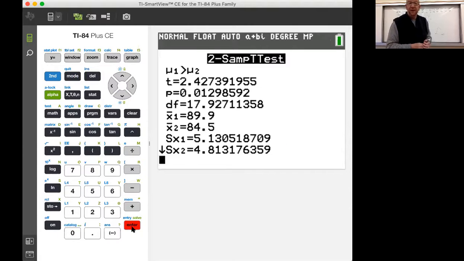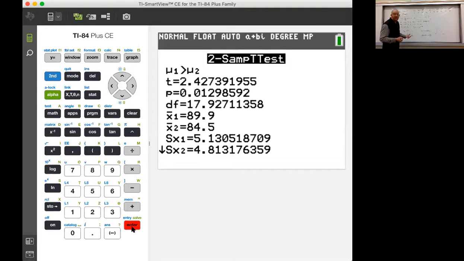Well, there's a lot of information on that screen. Let's see what we have. We have a t-value of 2.4274. We have a p-value of 0.013. That's pretty low. Let's get our data here. Our first mean is 89.9. Our second mean is 84.5 for the store brand.